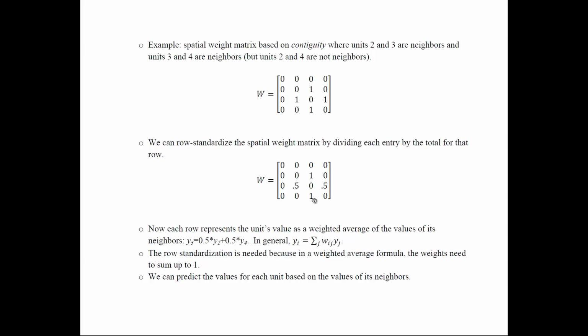That's the only information that we have. Again, this row standardization is important because, in a weighted average formula, the weights need to sum up to 1. And we can predict the values for each observation based on the values of the neighbors.